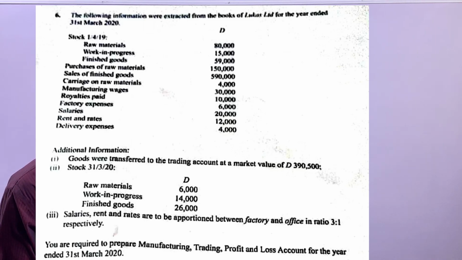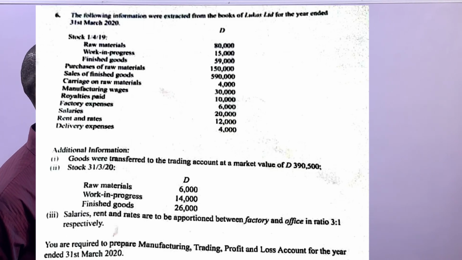Of the salaries, 3 goes to factory and 1 goes to office expenses, and the same ratio for rent and rates: 3 to factory and 1 to office. We will treat that while solving the question. So let's begin.